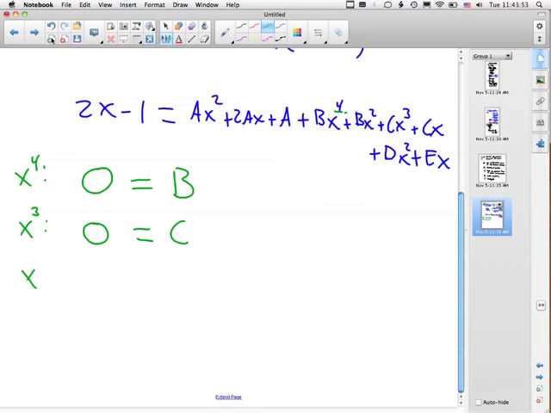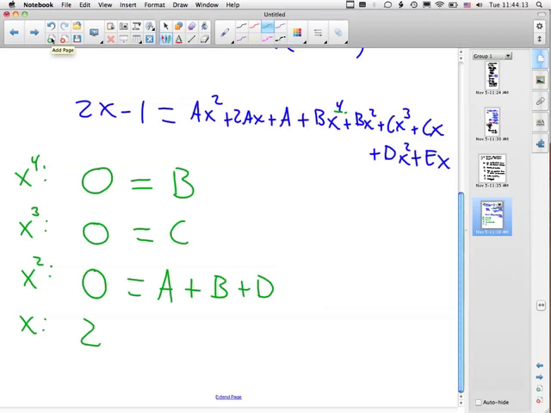That's nice. X squared, we have 0 on the left. We have a plus b plus d on the right.